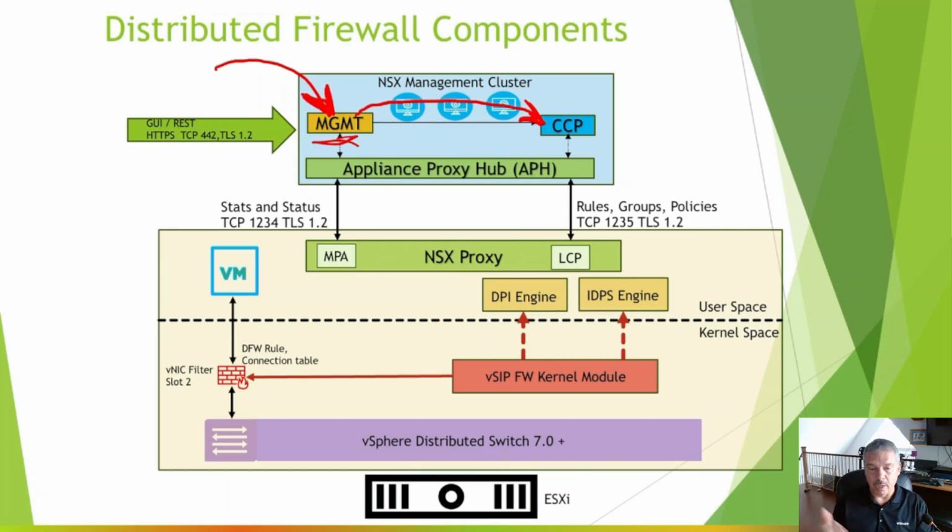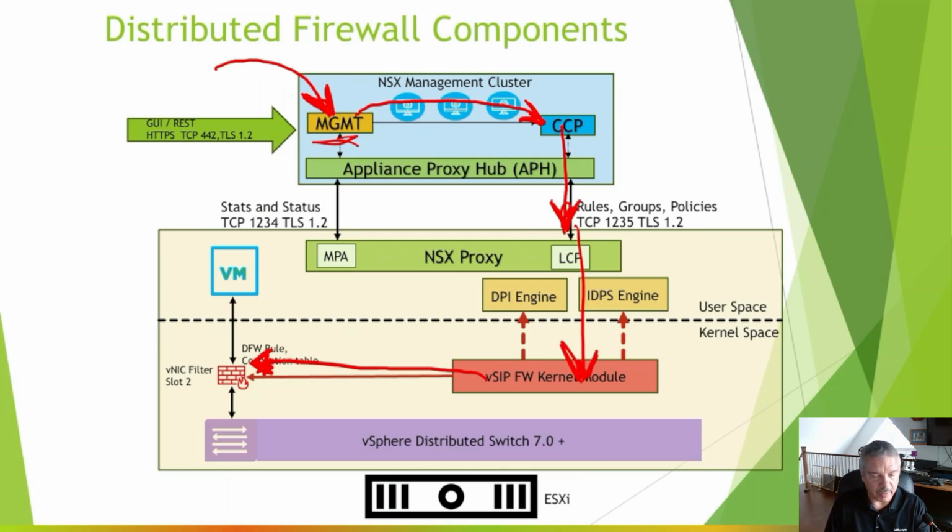Yeah, that's a valid rule. And then it will send it down to the central control plane. And the central control plane now is responsible for getting it down to the transport nodes that need that rule, right? So it sends it down to the local control plane, and then eventually gets it down to the vSIP module on the host. The vSIP module then is responsible for applying that rule or rules to the filter of the NIC, or the firewall on the NIC.